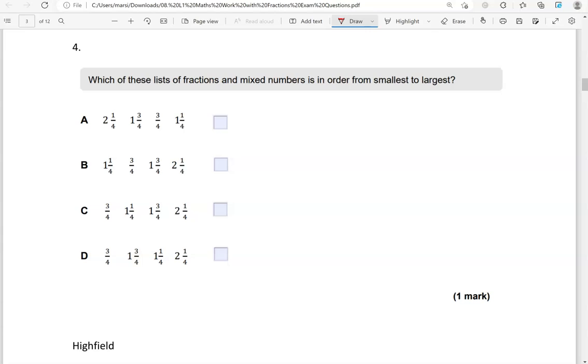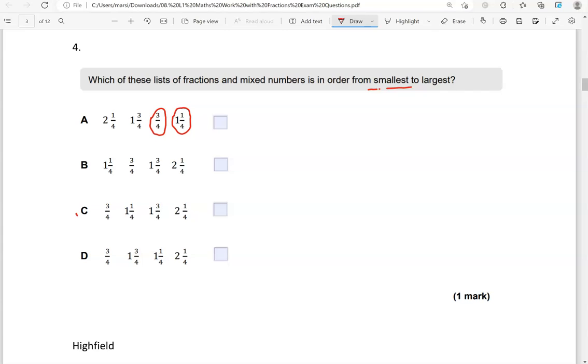Then the second one is 1 3/4, so definitely not one of the smallest. And also this one, 1 1/4, that is more than 1. Whereas this fraction here, 3/4, that is the smallest because it's less than 1. As we're starting from the smallest, that should be the first.